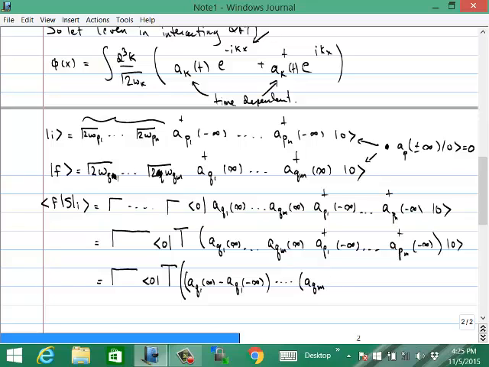So we get a product of the A_q's at plus infinity minus the A_q's at minus infinity. And similarly, every time I have an A_p dagger at minus infinity, I'm going to subtract off the corresponding A_p dagger at time equals plus infinity.